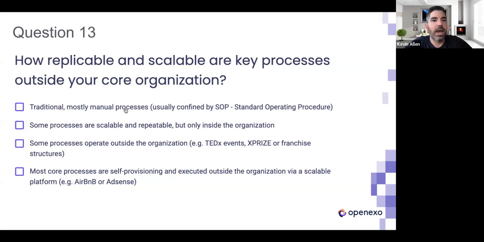Then how replicable and scalable are your key processes outside of your core organization? And so this one I think is fairly clear, whether you're traditional, just with SOPs, down to having elements outside of your organization actually running key roles.